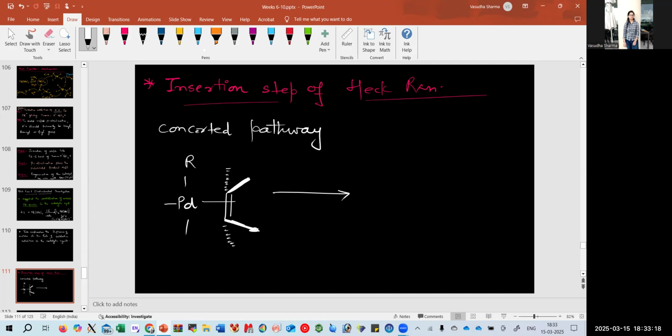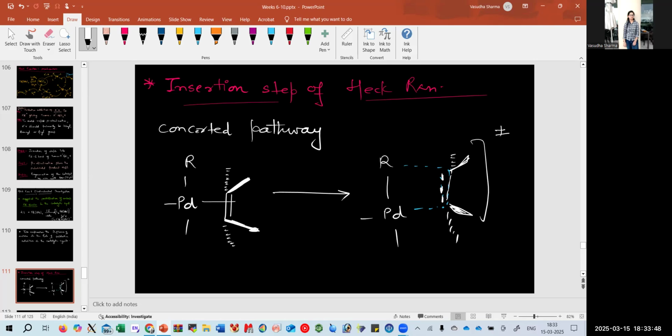The alkene would start interacting with the R group, forming a bond and breaking of this bond. This is a double bond which is breaking now. So this is your transition state.